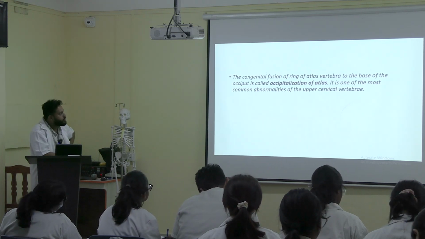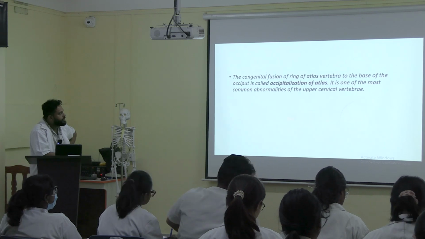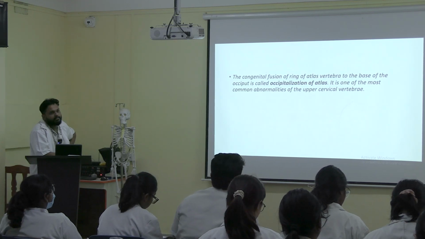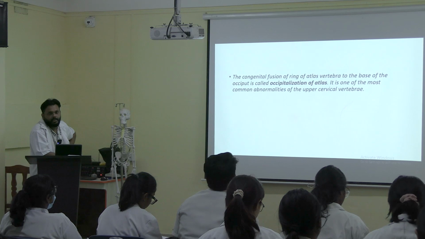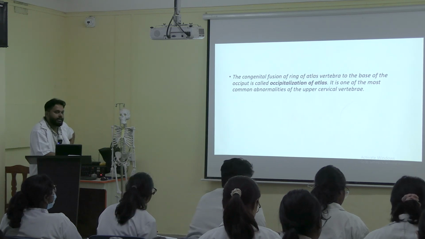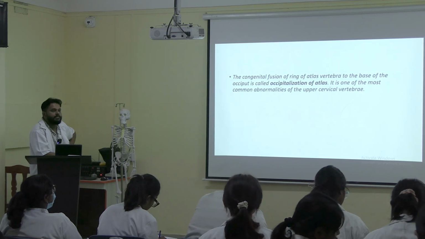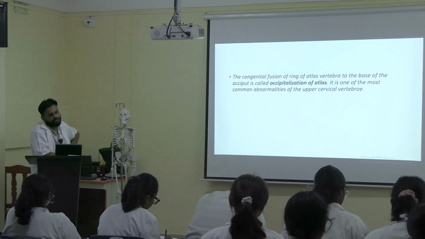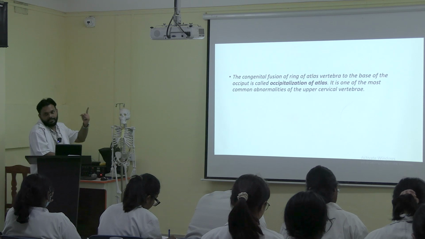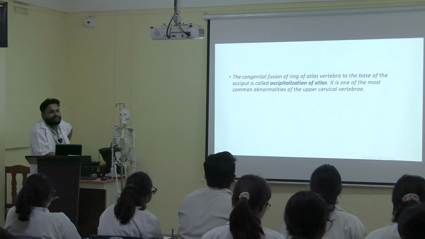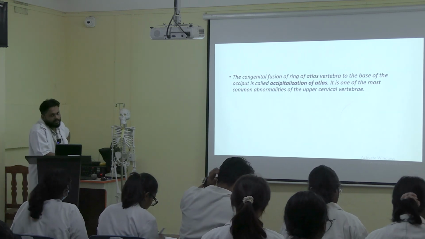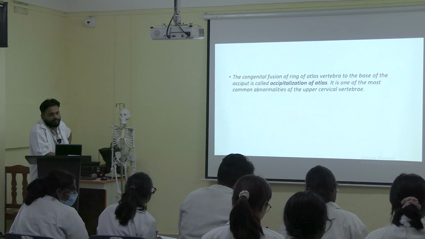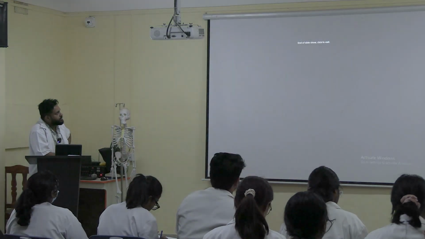This is one of the most common abnormalities in the upper cervical region, one of the most common congenital deformities. So one is hangman's fracture and one is occipitalization of Atlas. Okay. So this much from me.